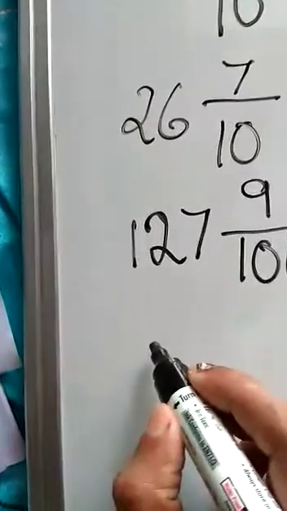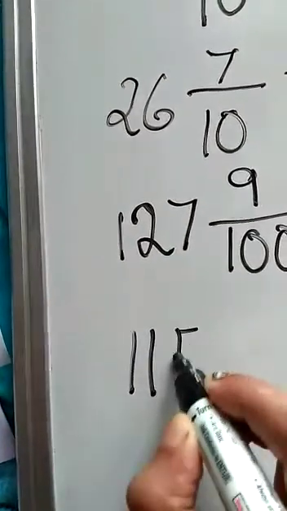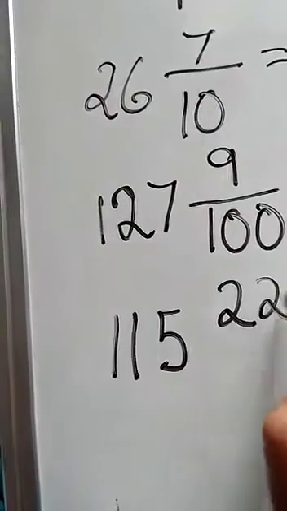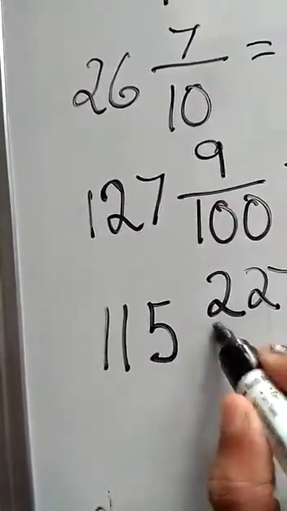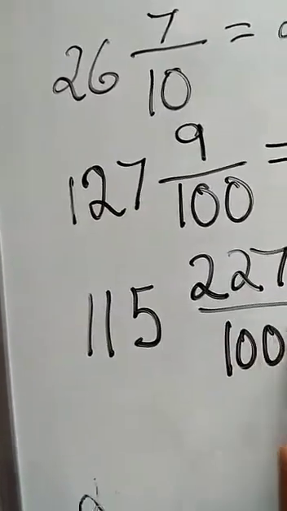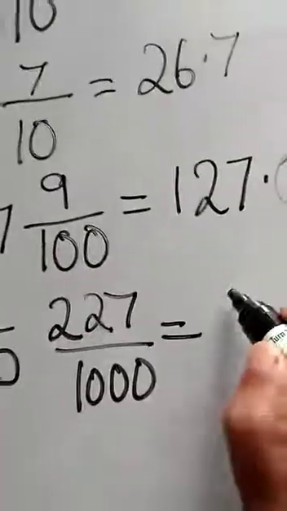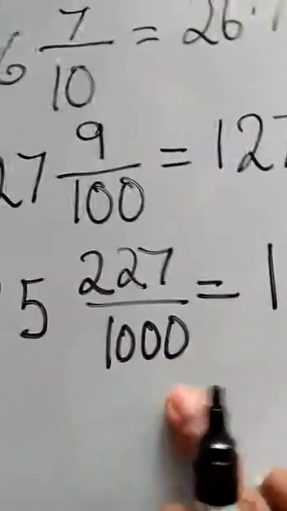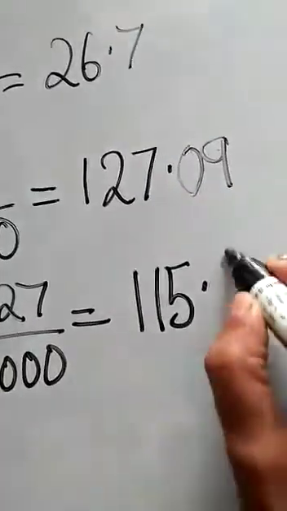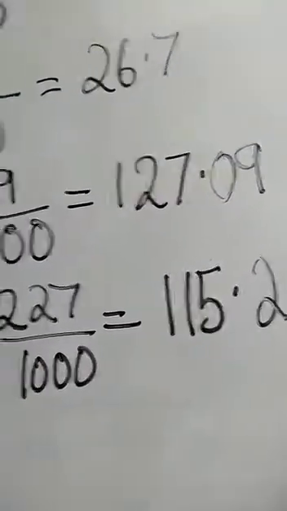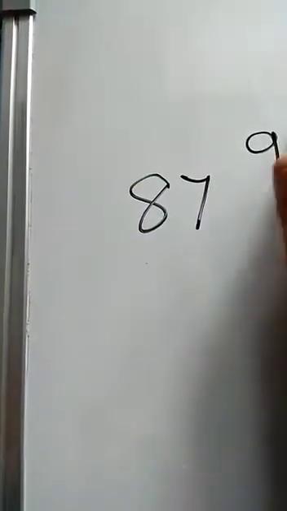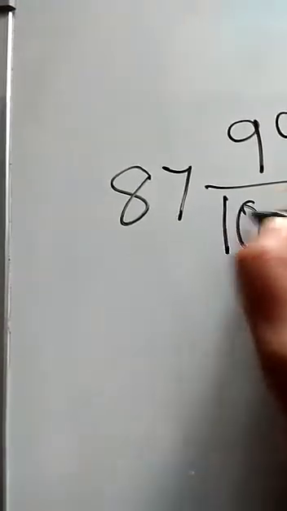Okay. Next one, 115, 227 by 1000, which you will write as 115 point. There are 3 decimal places, 3 zeros, right? So you will write it as 115.227. Okay. Next one, 87, 99 by 1000.